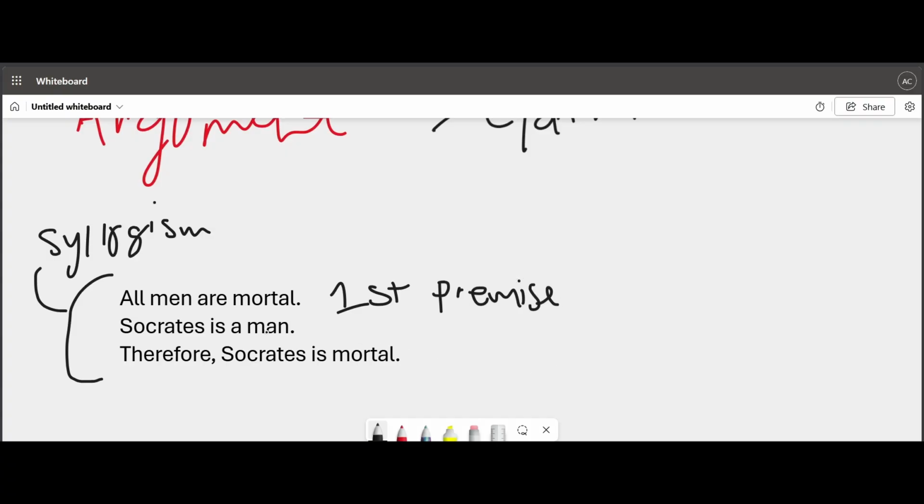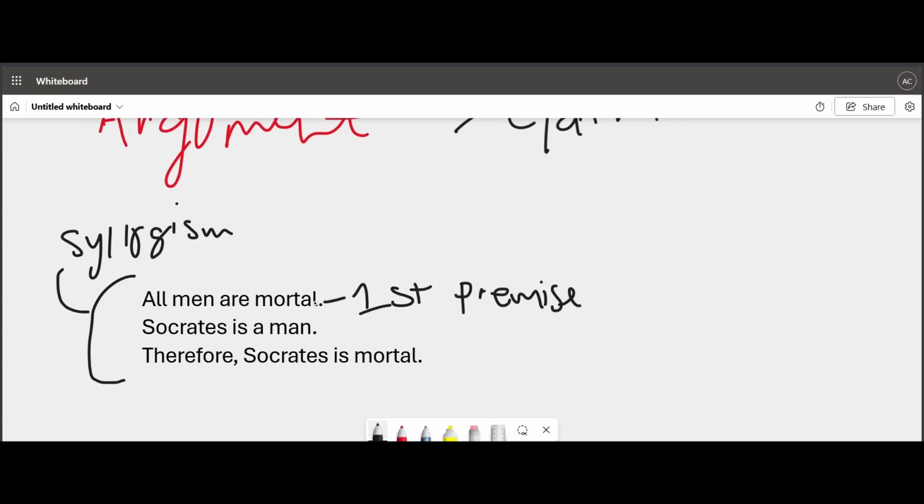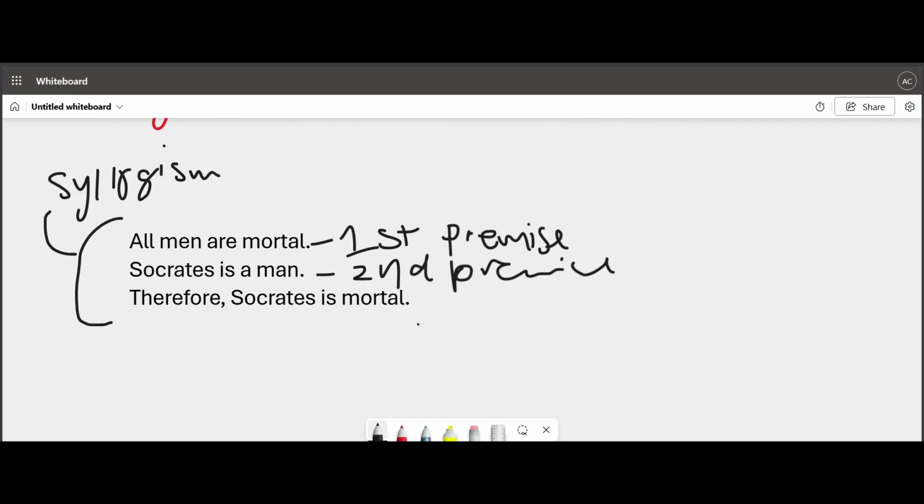They're practically synonymous to each other. So we have the first premise, which is all men are mortal, and the second premise, which is Socrates is a man, which is also true. And this is going to be the conclusion that comes from those two premises.